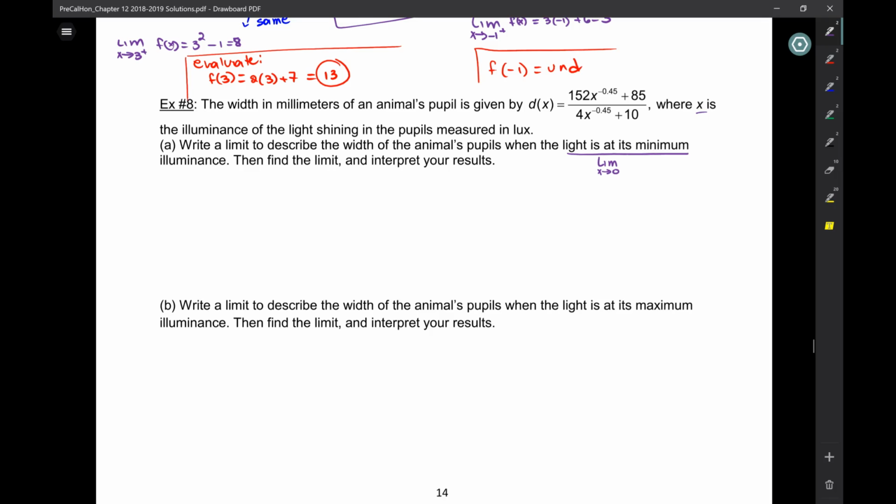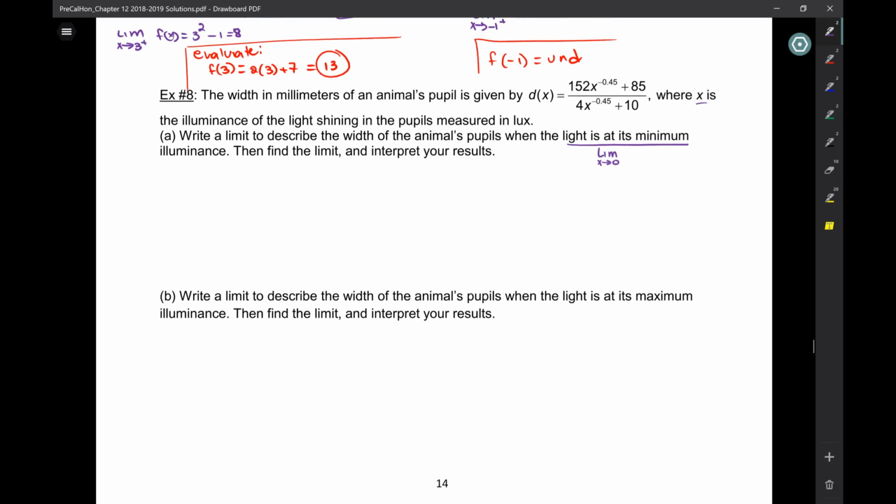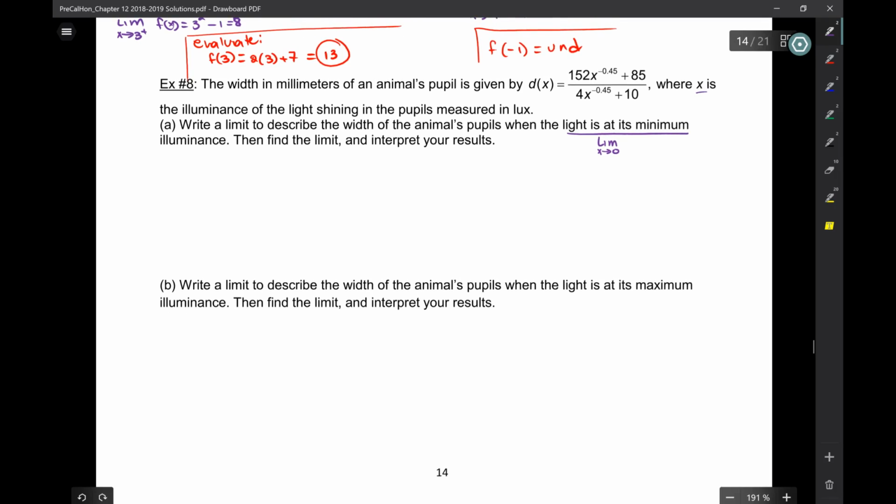Then find the limit and interpret your results. So what this is going to be is the limit as X approaches 0 of d of X. d of X is the width of the pupil.